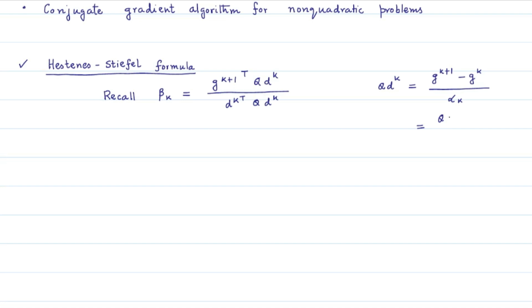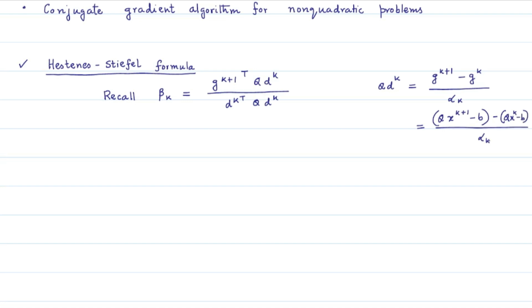For a quadratic function, g_{k+1} is given by Q x_{k+1} minus b, and similarly g_k is given by Q x_k minus b.